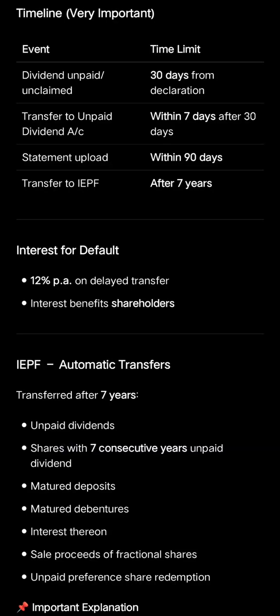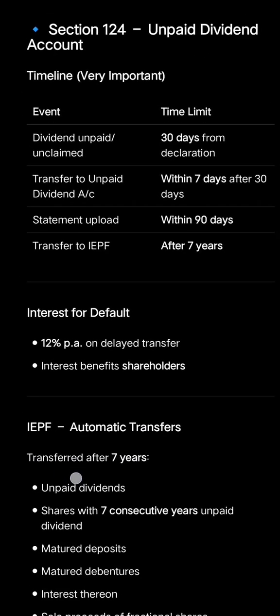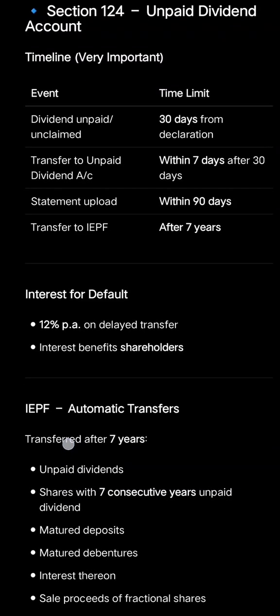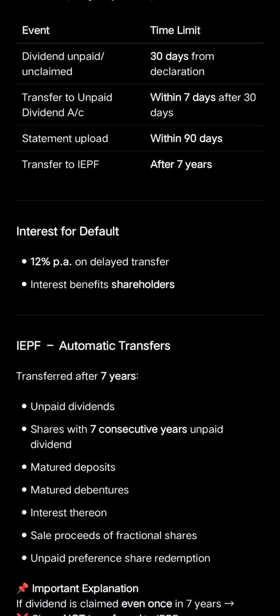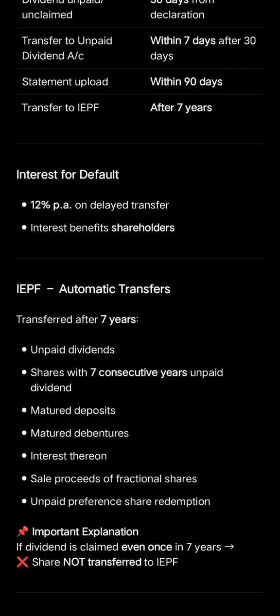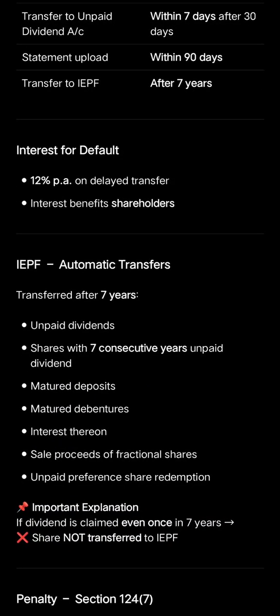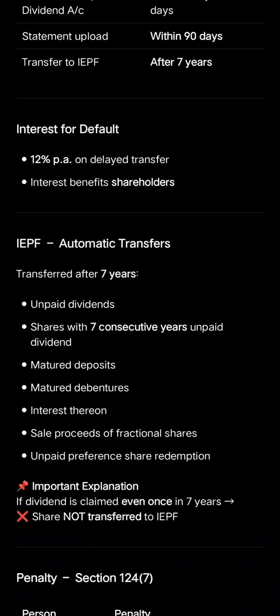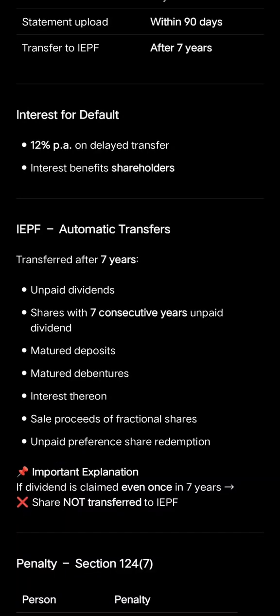The statement of the unpaid or unclaimed dividend should be uploaded on the company's website within 90 days. And after 7 years, if no one claims the dividends, the dividend amount along with the shares should be transferred to the IEPF account after 7 years of inactivity.